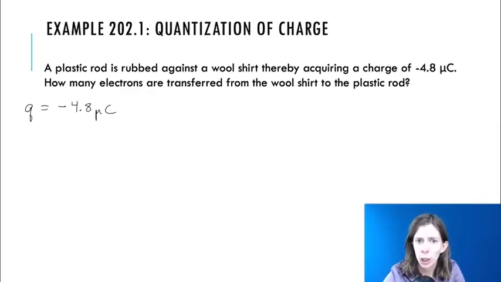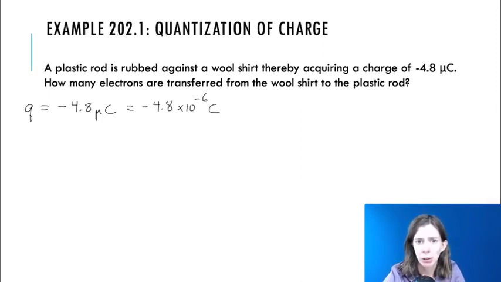And whenever you write down a number, you always want to figure out or write down what the prefix is equal to. So think about what micro is equal to, and go ahead and write that down. So micro is equal to 10 to the negative 6. So you should write down Q equals negative 4.8 times 10 to the negative 6 coulombs.